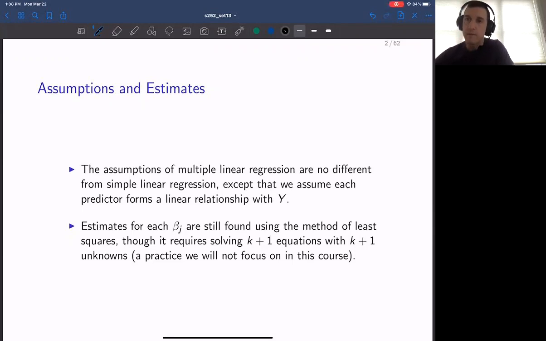The problem is that every time you add an explanatory value into the system, the formulas for each of the slope terms become more complicated because you have to include that additional information in the estimate. So for the purpose of this class, we're not going to talk about the general solution to the MLR system because that requires an understanding of linear algebra and being able to essentially work with matrices.